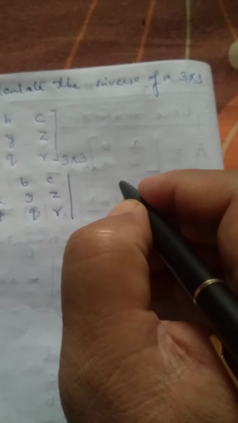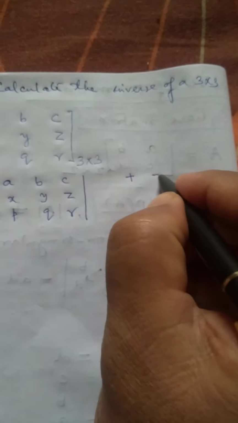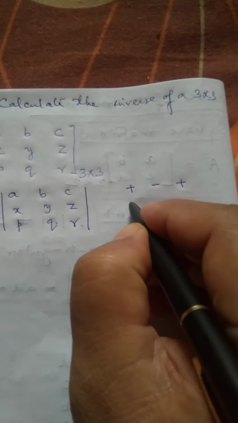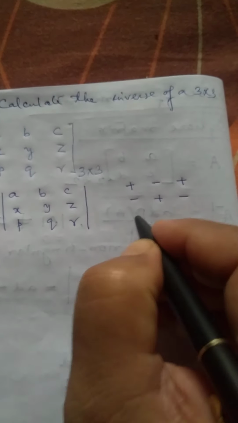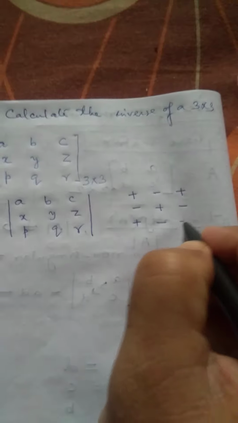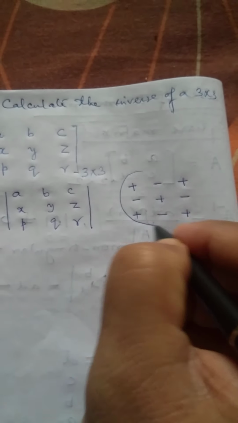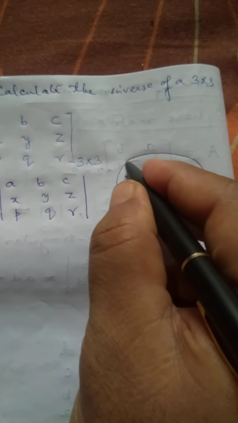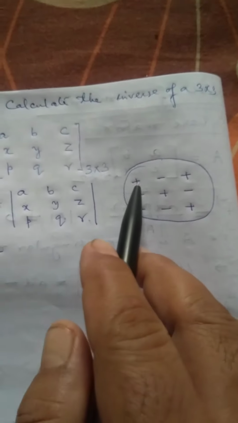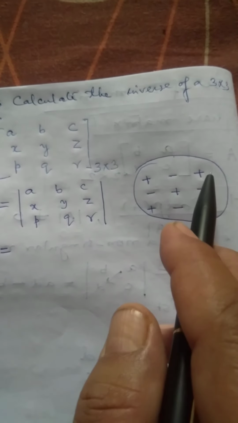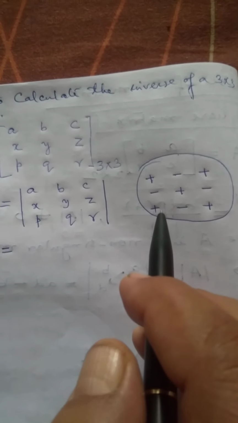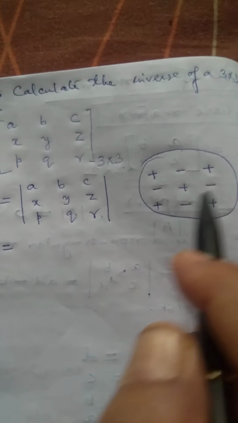For expansion, we should obey the sign rule, that is plus, minus, plus, then minus, plus, minus, plus, minus, plus. This rule was also discussed in the previous video: whenever you expand a determinant, you start with a plus sign and the signs alternate.